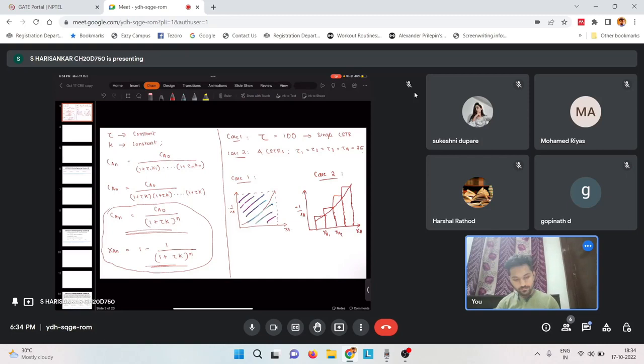So the total area here will be like this. Now just tell me which case gives you the lesser area compared to case 1 and case 2.